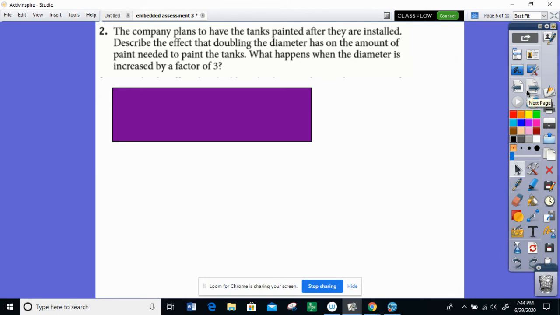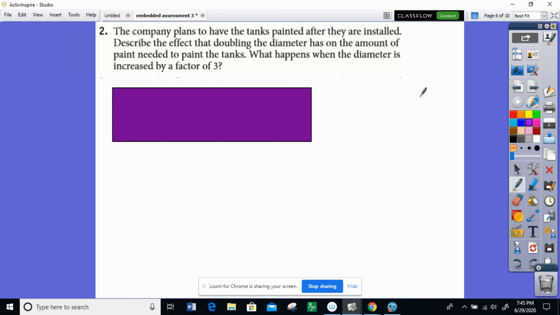So now number 2 says the company plans to have the tanks painted after they are installed. Describe the effect that doubling the diameter has on the amount of paint needed to paint the tanks, and what happens when the diameter is increased by a factor of 3.